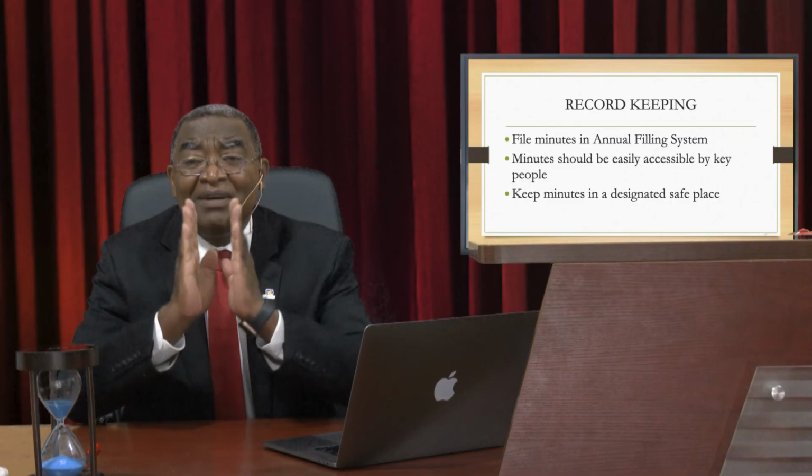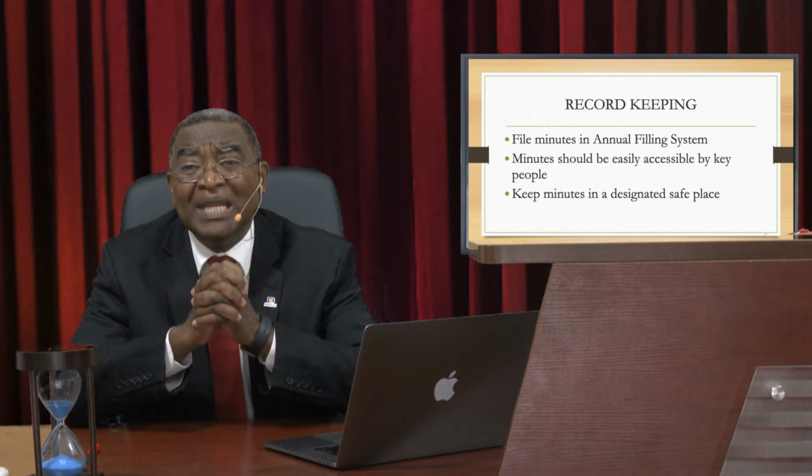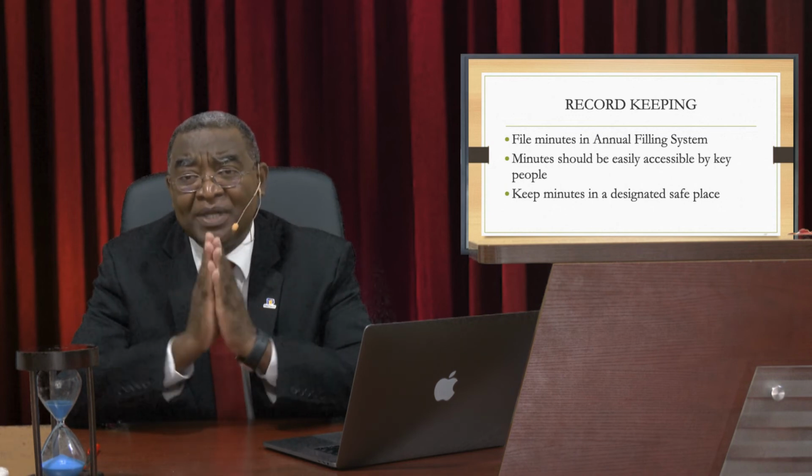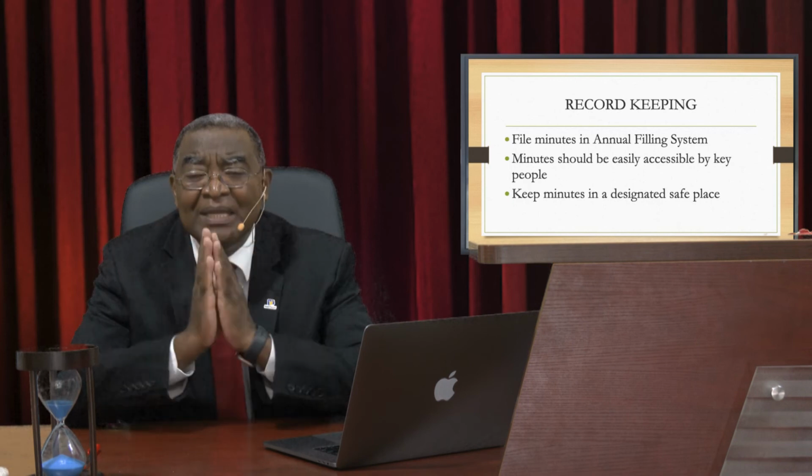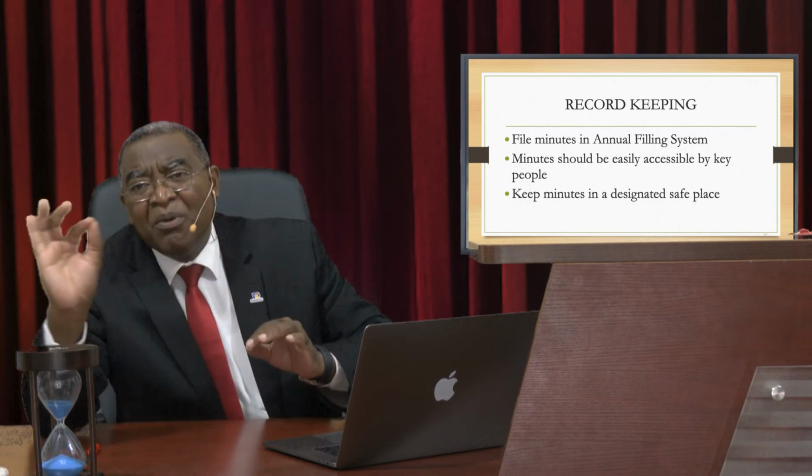At least if you have one church board per month, you will have at least 12 sets of minutes in that folder. Nicely bind it, nicely label it: the name of the church, Rusangu University, then minutes of 2021, January to December.